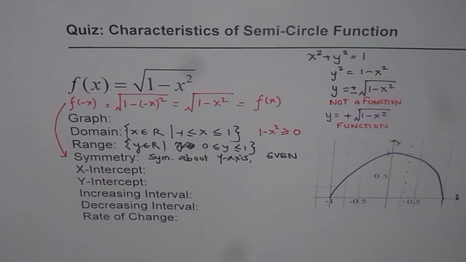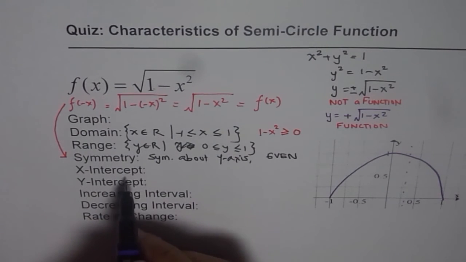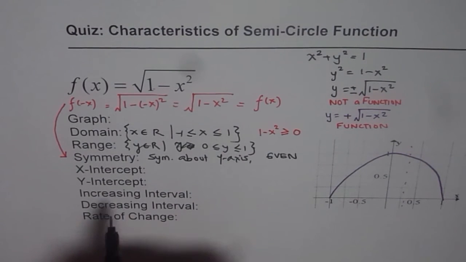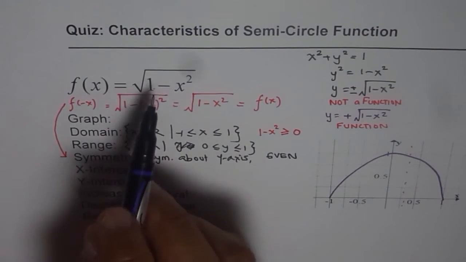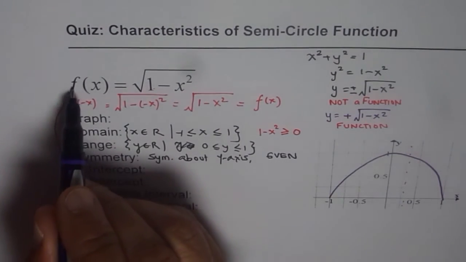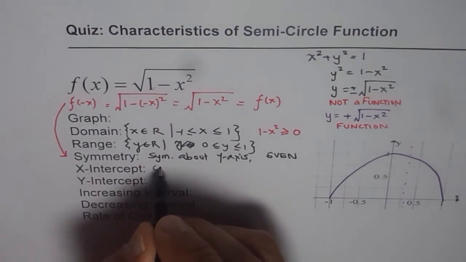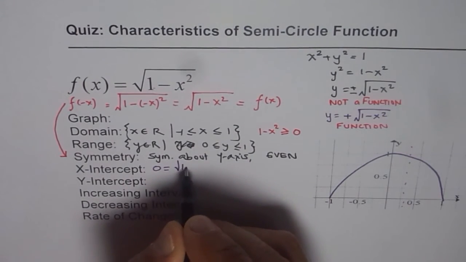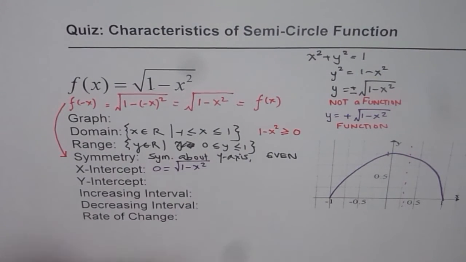X and y intercepts. As you can see, x-intercept is what? X-intercept is a point where y is 0. So to solve algebraically, what we do is we write f of x as 0. So we write 0 equals square root of 1 minus x square. Correct?